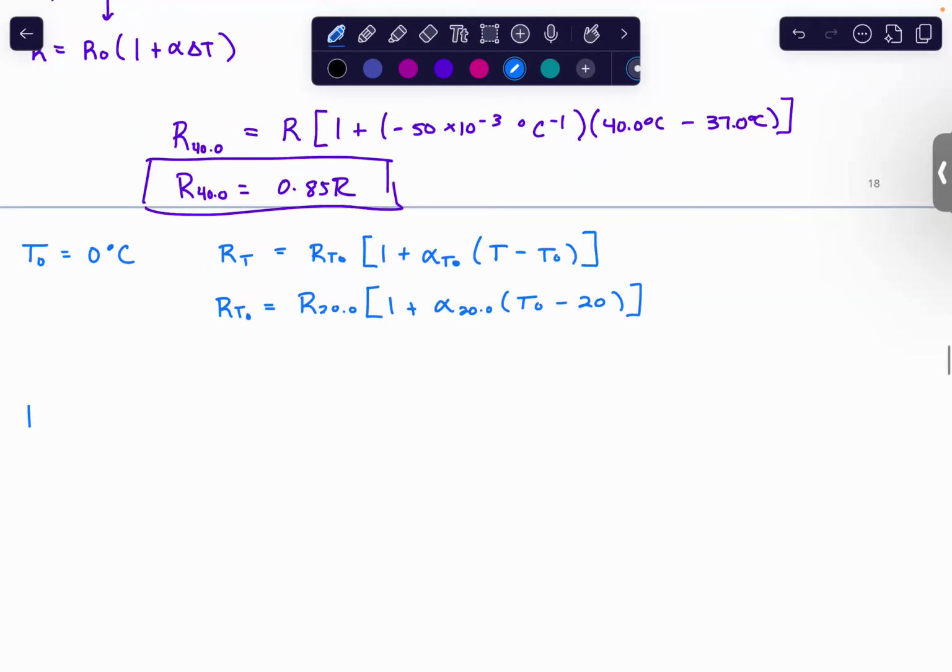The reason we can do that now, what we do with that, we're going to put this into here. So what we're going to do now is solve for our new alpha at T0.